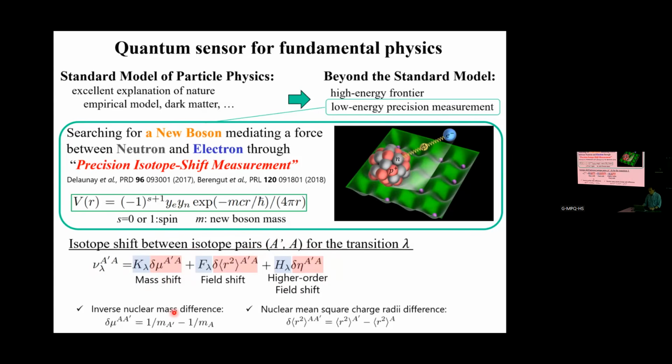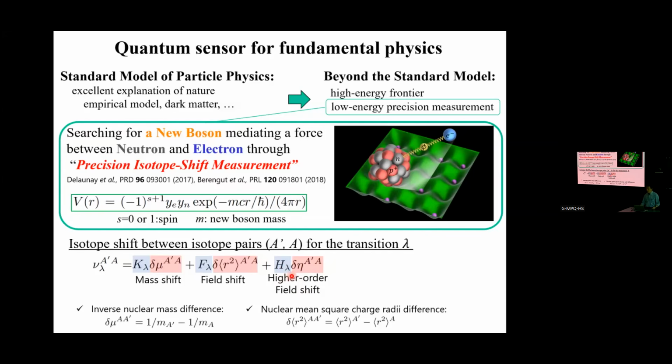The second term is called the field shift, coming from the Coulomb interaction between the electron and the charge distribution inside the nucleus. And the third term is its higher order term.